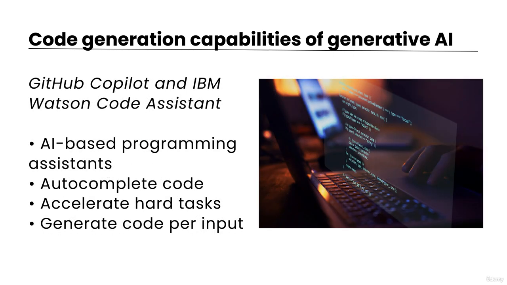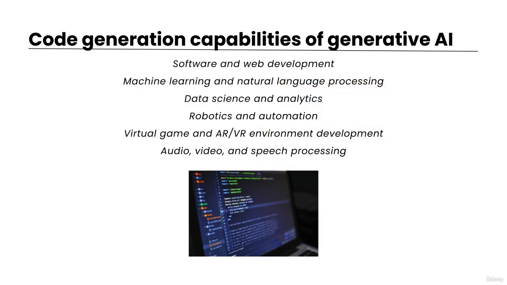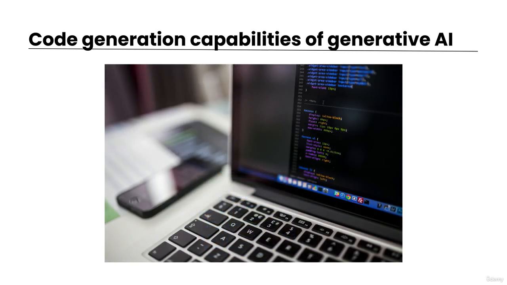For instance, GitHub Copilot and IBM Watson Code Assistant are AI-based programming assistants that help autocomplete code, accelerate hard tasks, and generate code from provided input. AI-generated code can be used in software and web development, machine learning, natural language processing, data science and analytics, robotics and automation, virtual games and AR/VR environment development, audio and video, and even speech processing. Software developers can benefit from leveraging code generation capabilities to write, debug, and test their code.